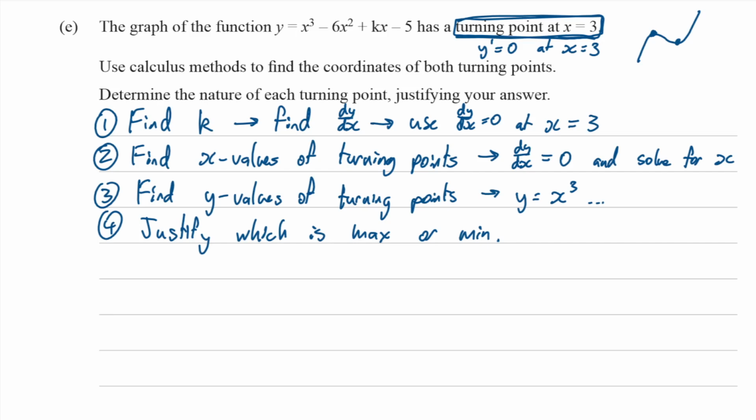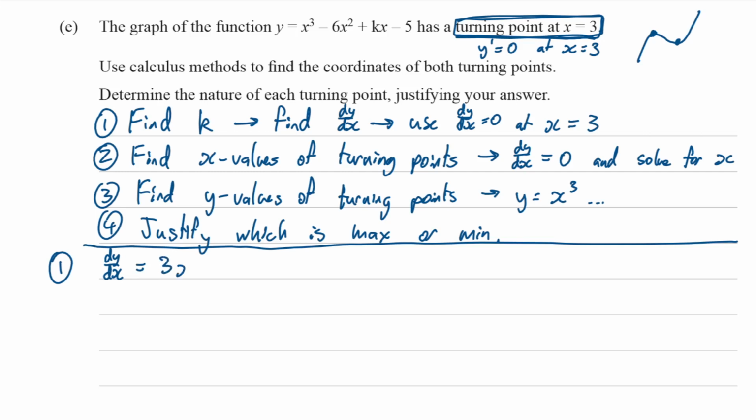So step 1, find k. To do that, we need to find the derivative. So dy by dx. So the derivative of this function here would be 3x squared. So again, taking the 3, multiplying it out the front, and then subtracting 1 from the power. Similarly, 2 times minus 6 gives minus 12.